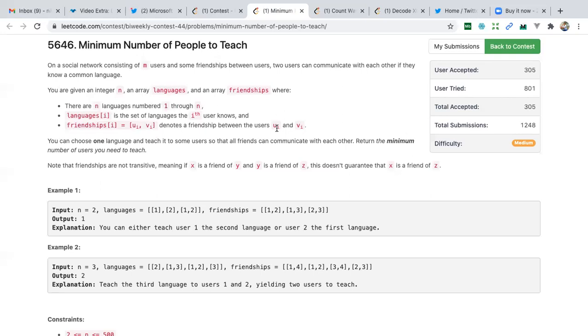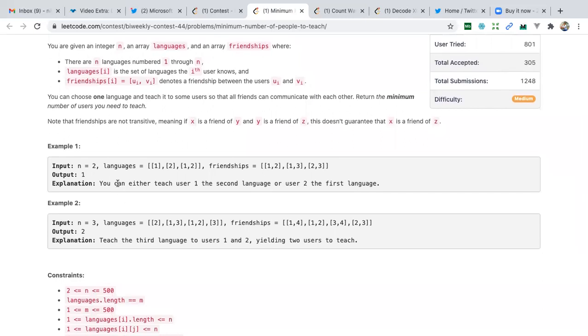We have to choose one language and teach it to some users so that everyone can communicate with each other. So it's like that, we have to union or something like that and find the number of connected components. So let's take this example, n equal to 2.